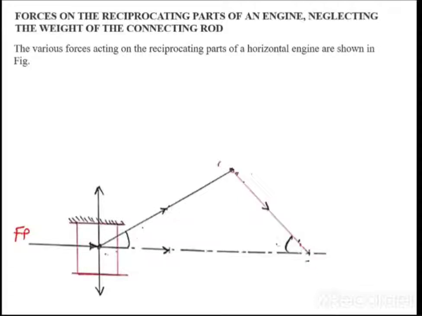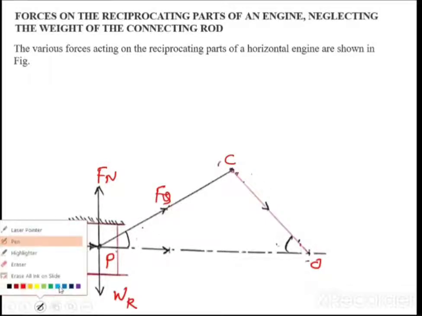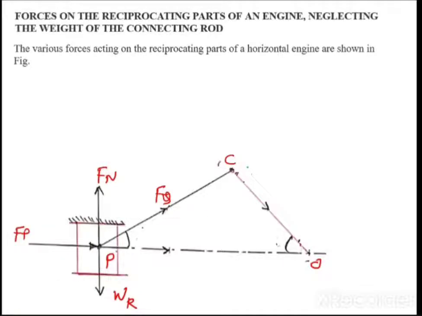FP, then this is WR, Fn, C, O, and this is the P. Right. So now what I was saying, FQ is to be resolved into two components. So let me resolve that into two components.